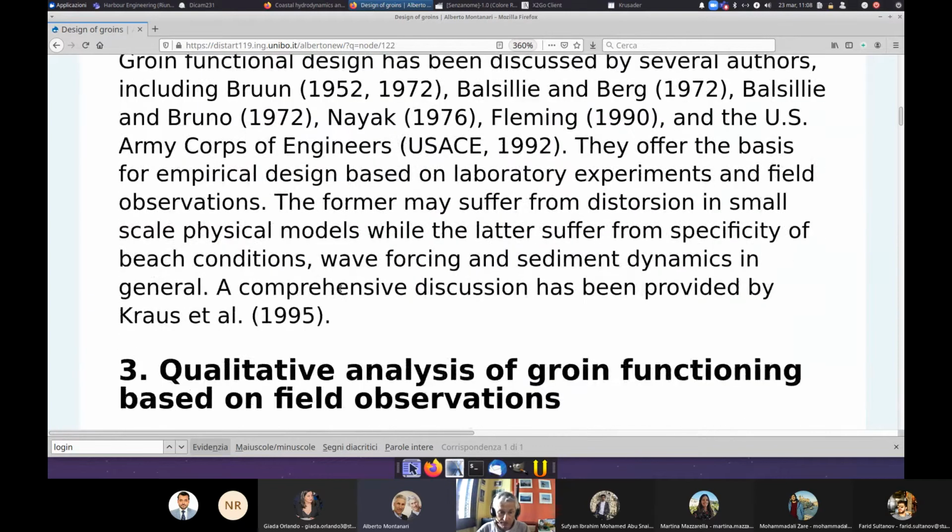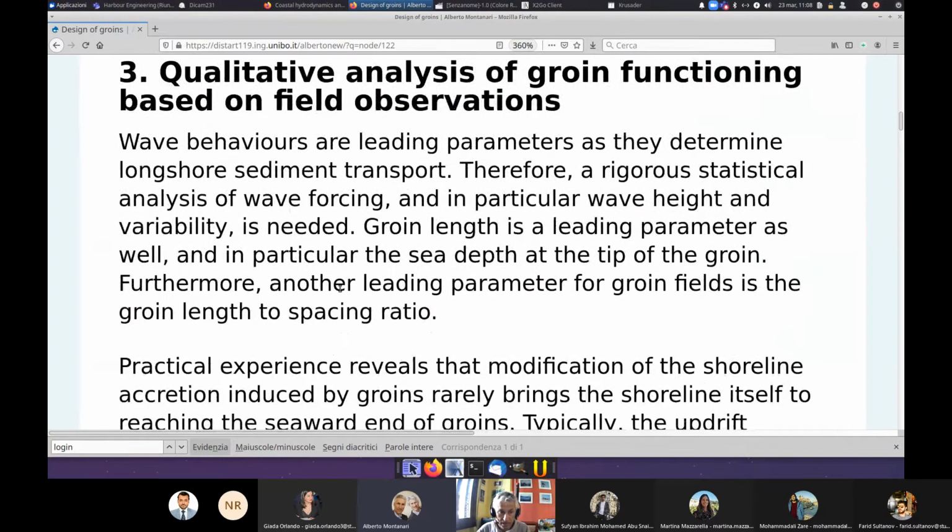Okay, now let's make some preliminary qualitative analysis of groin functioning based on our experience. So first of all, how long does it take to reach the first results?